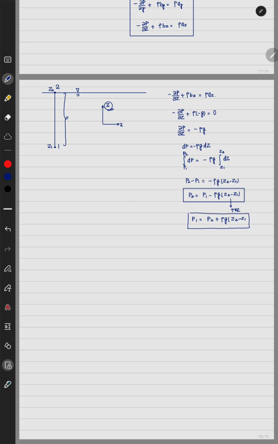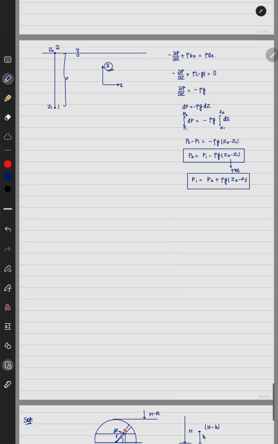From this equation you can say that if I am at a particular height and the pressure at that point is known, and if I move downwards, then this pressure will increase, and it is increased by rho into g into h.